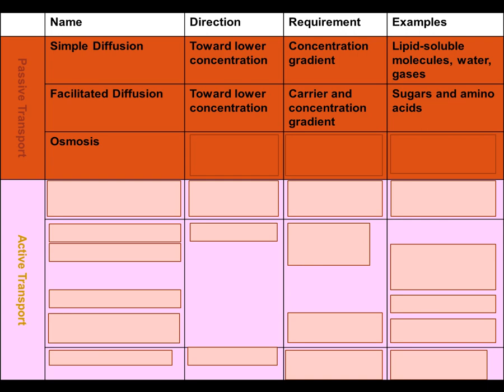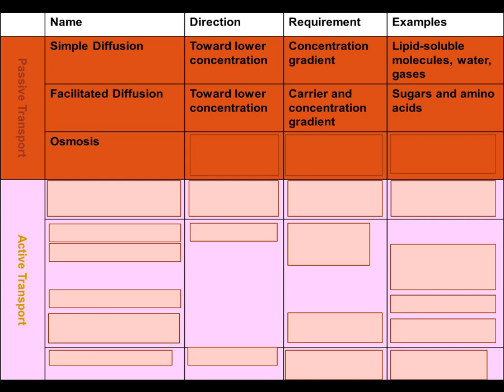And most cells prefer for the water and solute concentration to be equal between the intracellular fluid and the extracellular fluid. I think you can handle that. Where we get into some situations is when the solute concentration is different.